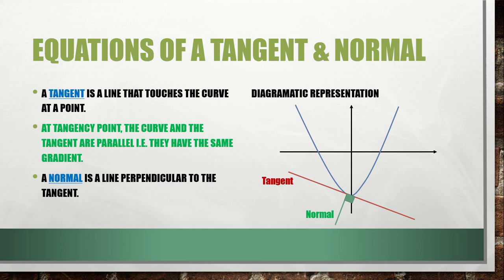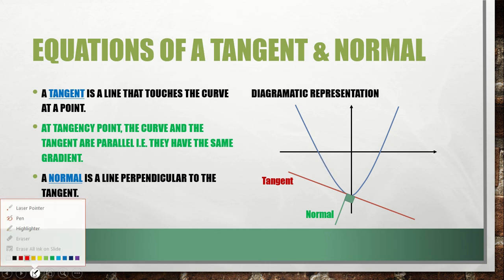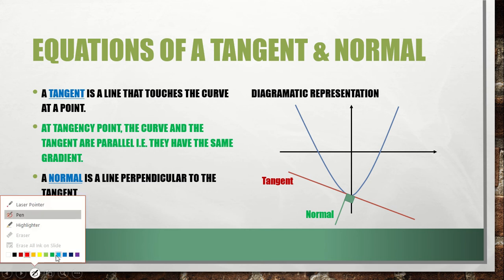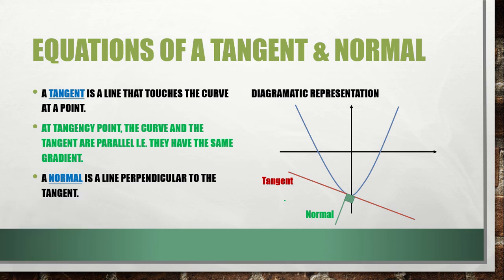Now, how do the gradients matter? How do we come to a conclusion that they are parallel? Notice at this point, when a point is moving, let me have my pen here with me. Green, that's better.